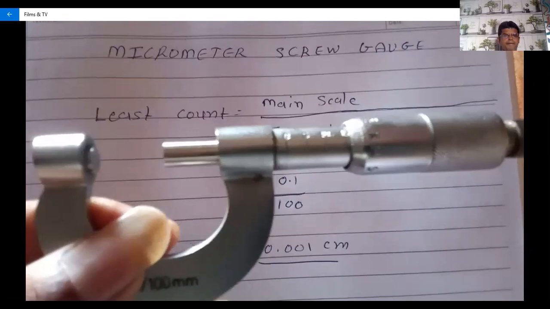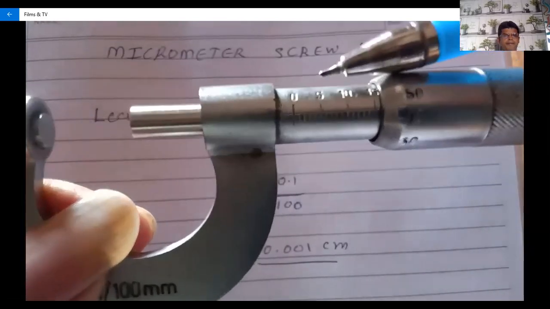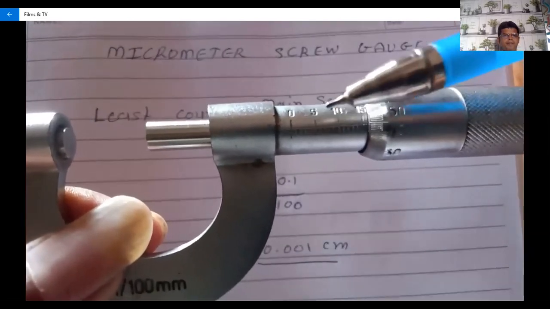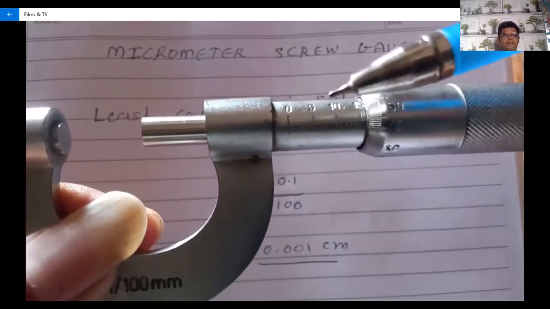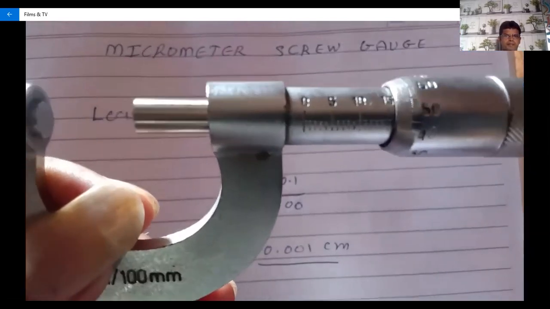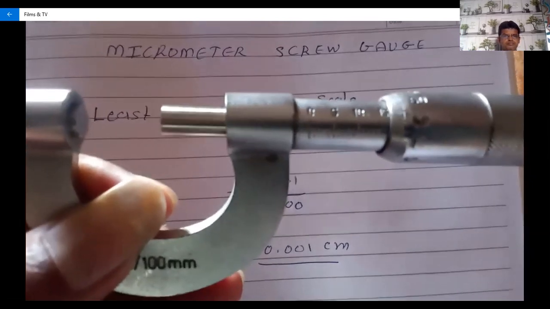You can see very clearly it starts at 0, then after that a 5 on a bigger scale, and between 0 and 5 there are a total of 5 small divisions. So we use the formula 5 by 5, and that means we get 1, but 1 is in millimeter. So we convert it into centimeter, 1 by 10, so it is 0.1 centimeter. Suppose you take 10: between 0 and 10 you again find 10 small divisions, so 10 by 10 is again 1, but 1 is a millimeter.